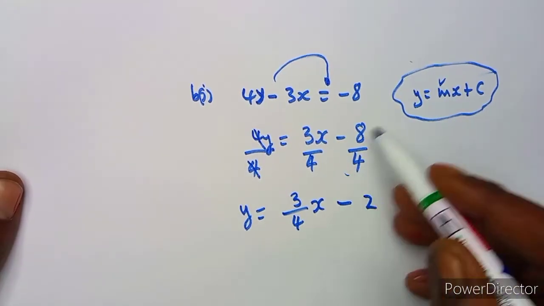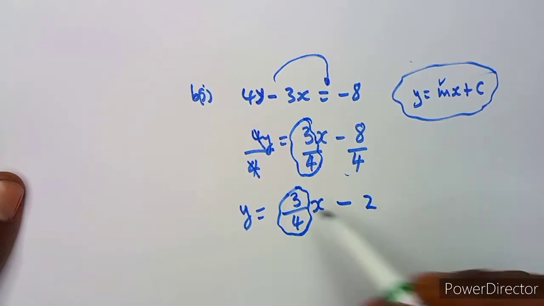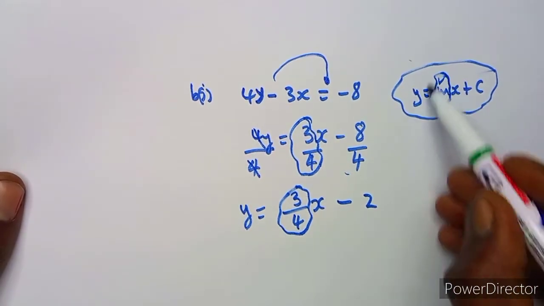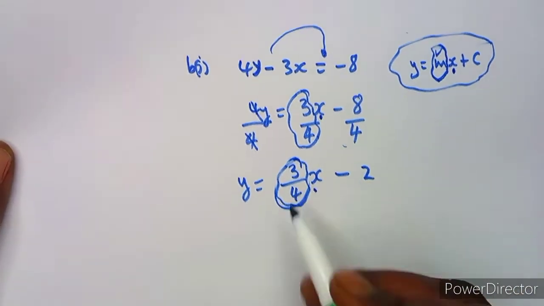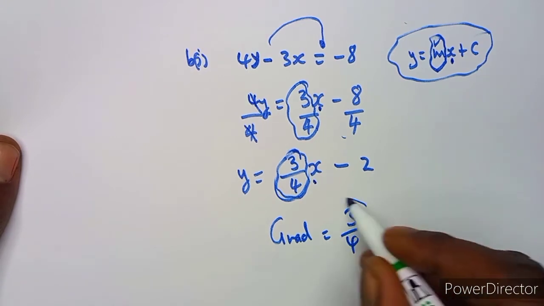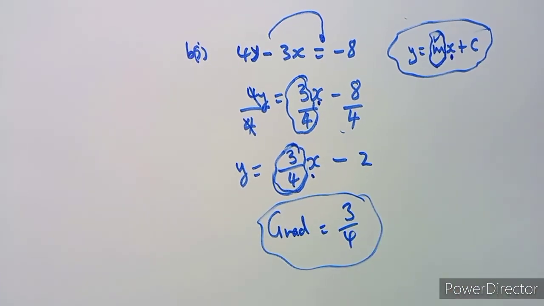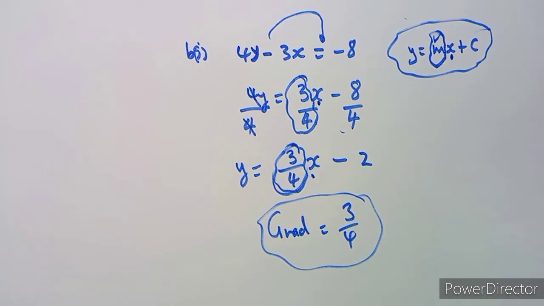Whether I simplify or not, what is important is this part here, the part that is affecting x. This part is the gradient of the line. So our gradient in this case is 3 over 4. So the gradient is simply the value of m if you have expressed your equation in the form y is equal to mx plus c.